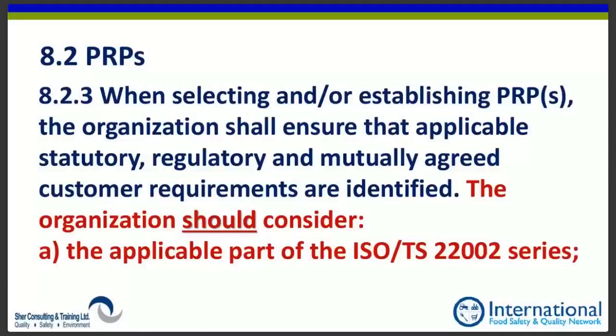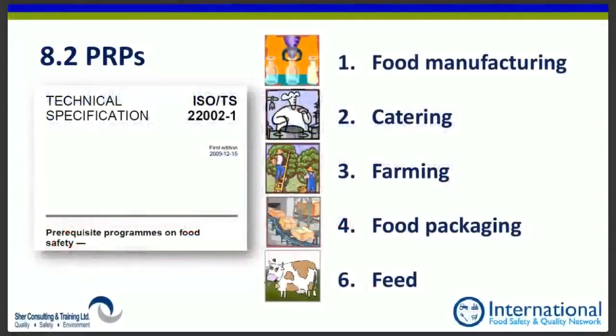I want to remind you that the ISO Technical Specification 22002 series is a way to spell out the PRPs for those organizations that have not developed their own. And it's very similar to the BRC requirements, the FSSC requirements, SQF requirements, just a list of requirements included in 22002.